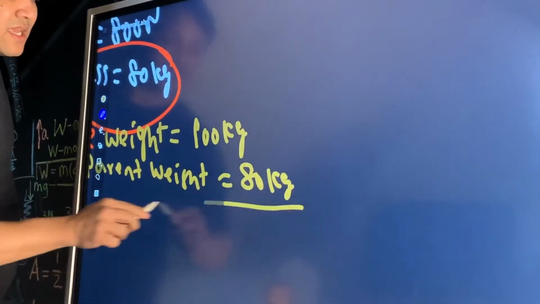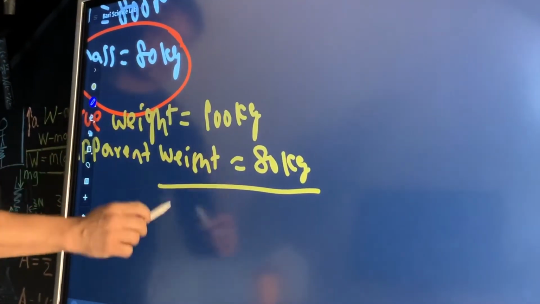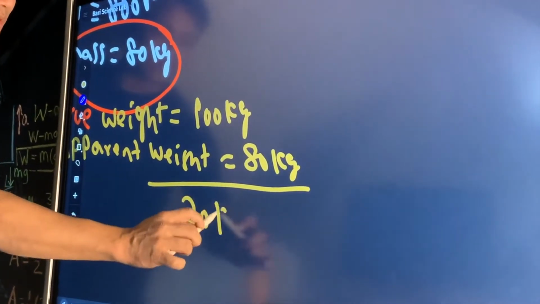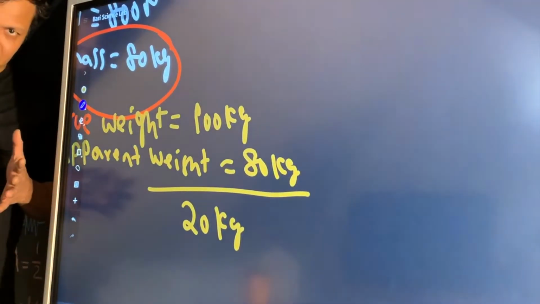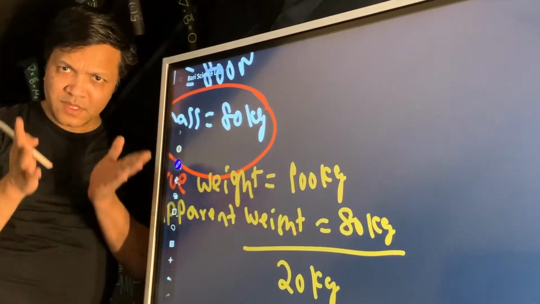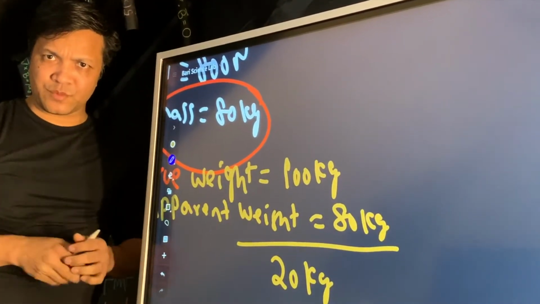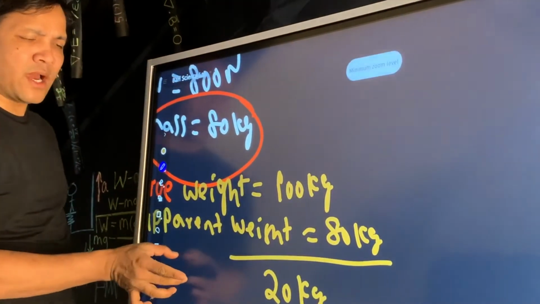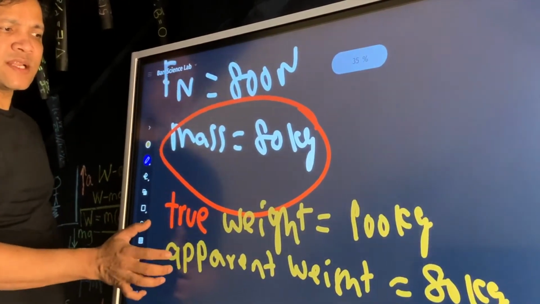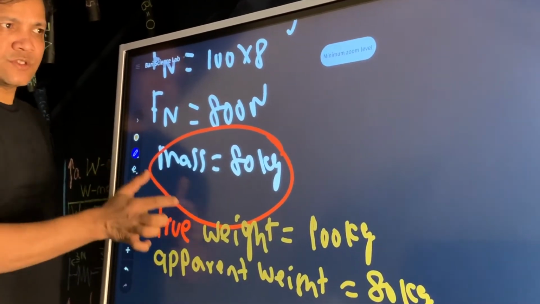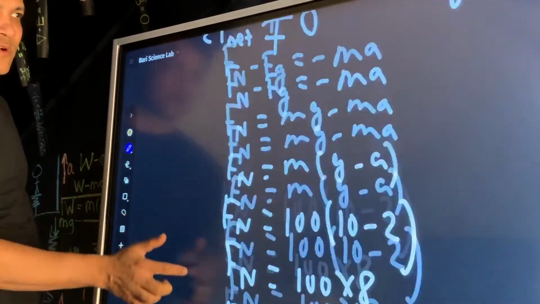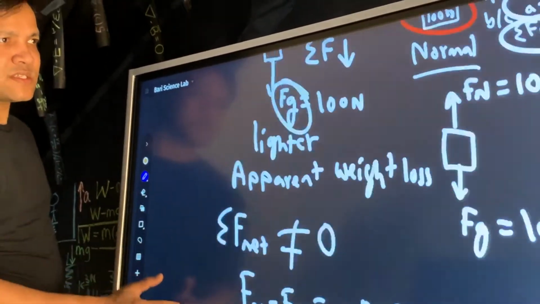So there is an apparent weight loss of 20 kilograms. The person will feel 20 kilograms lighter, because there is an acceleration downward as a consequence of crouching down. So this is the second scenario.